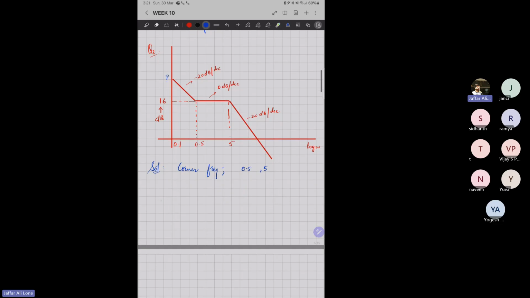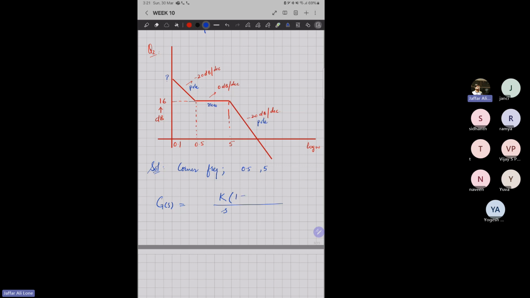So the transfer function, let's assume G of s, will be something like this: some constant gain k, and then I have a pole at origin. Then at 0.5, I have a zero.